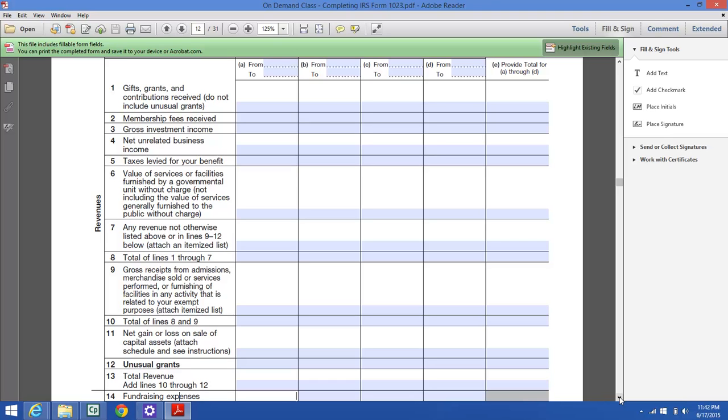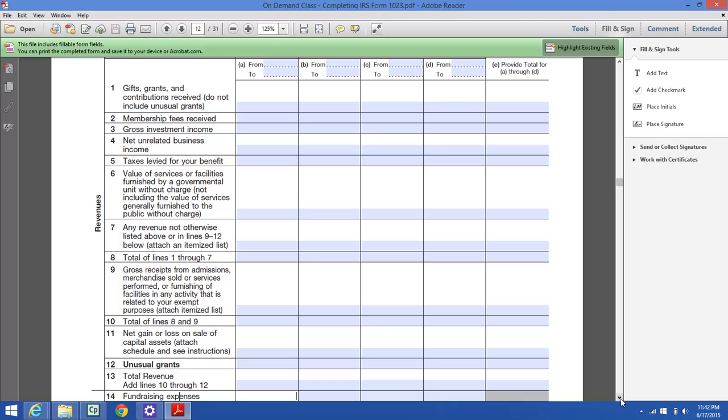So please make sure that you read these line items and then determine whether or not you're going to have revenues to come from those items. And then you want to total all of your revenues together for line 13, your total revenue, and your total revenue should equal your total expenses, or either surpass your total expenses.